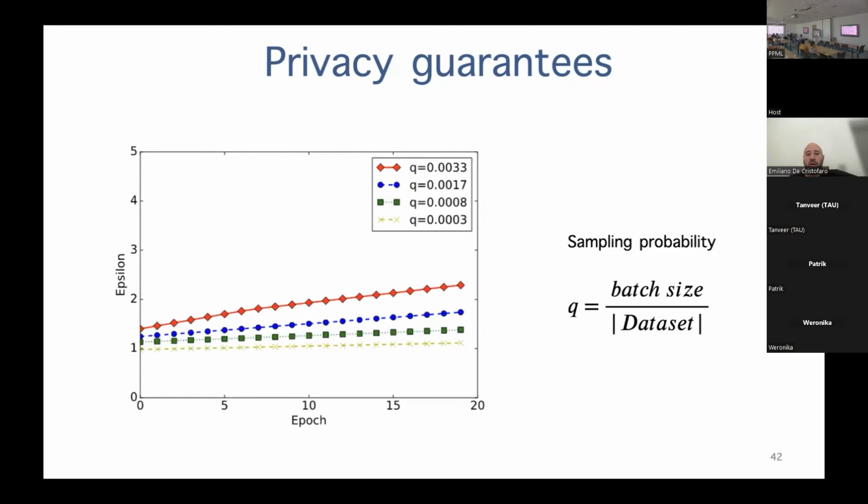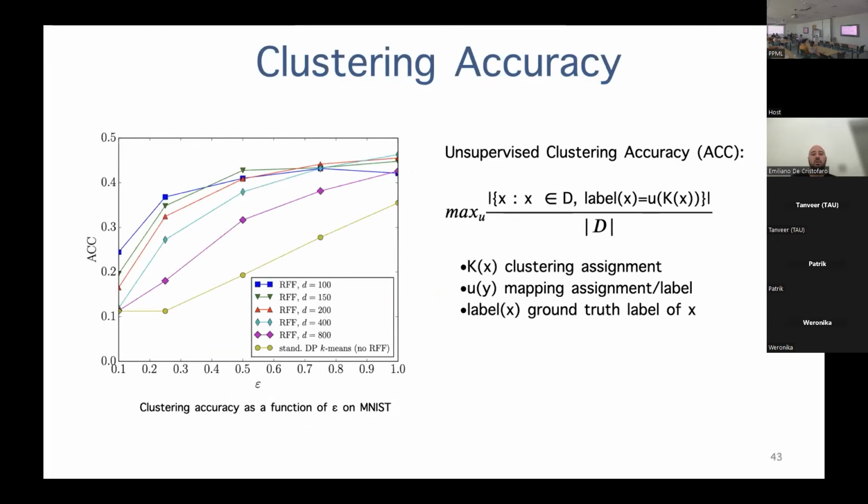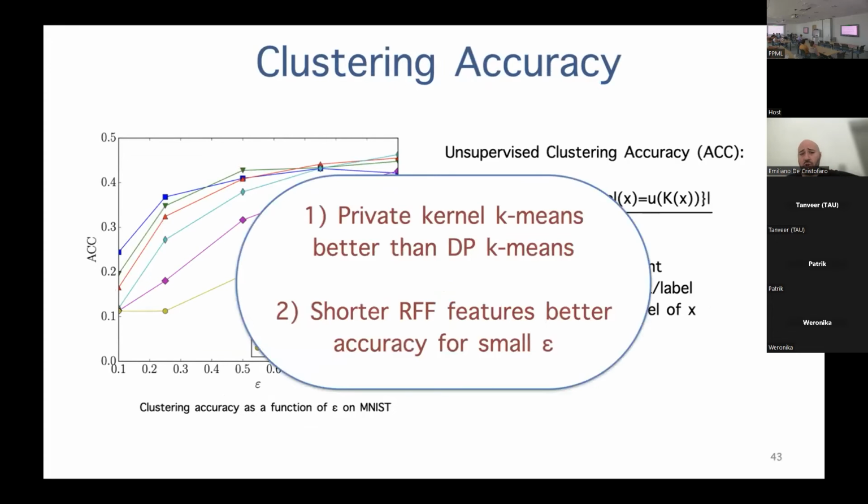We also look at the way that the privacy depends on the batch size and the size of the data set. We look at how accurately we can cluster, and we show that our new algorithm, private kernel k-means, performs better than an off-the-shelf approach of adding noise, doing differential privacy on k-means.